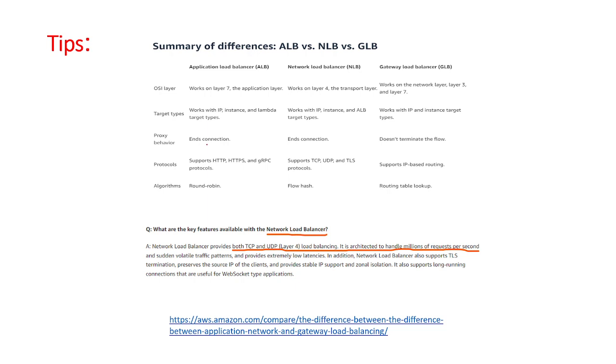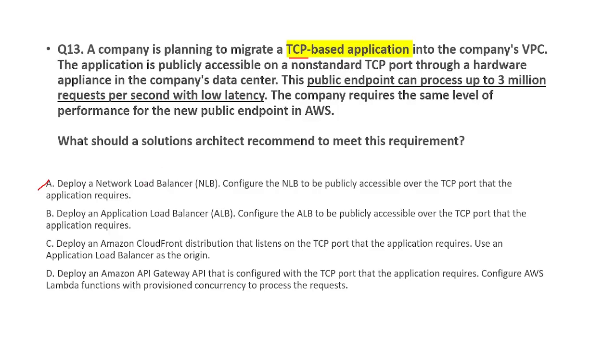I have added notes here. These protocols are supported by application load balancer. Network load balancer supports the TCP, UDP, TLS protocols. Network load balancer works on layer 4. Application load balancer works on layer 7. So I am eliminating option B.